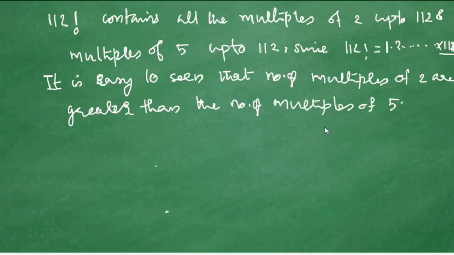It is clear. Hence we can say that the power of 2, A, is greater than the power of 5, B.